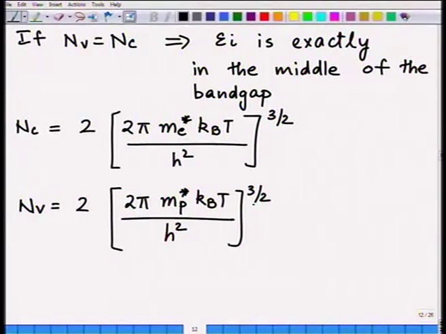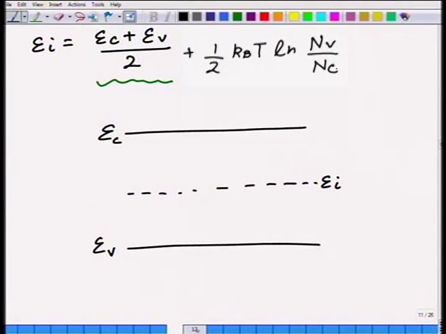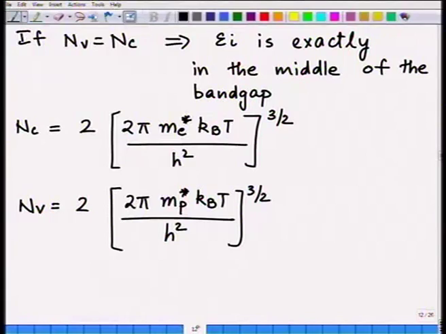That means, if effective mass of electron was equal to effective mass of hole, then Nc and Nv will be equal, and EI will be precisely in the middle.